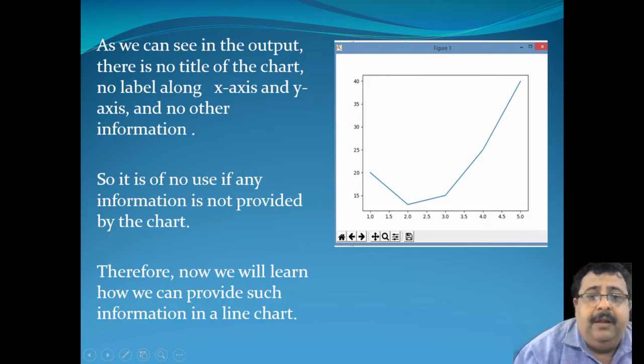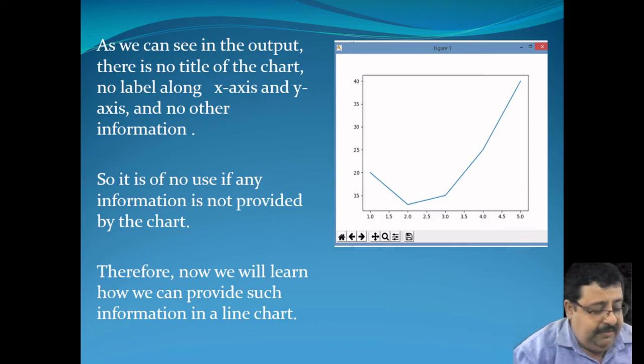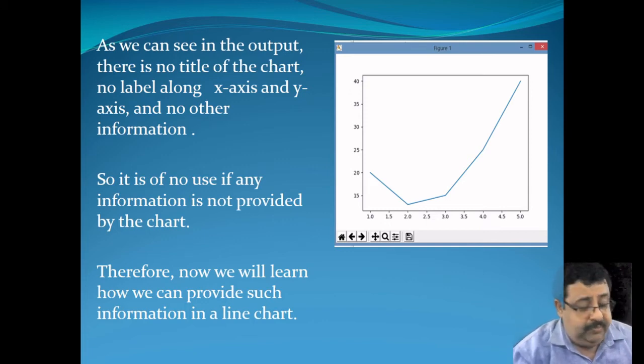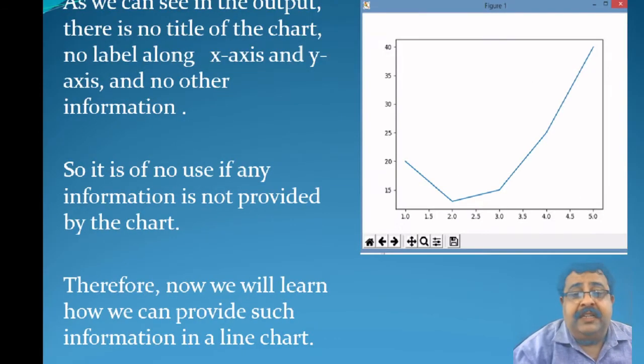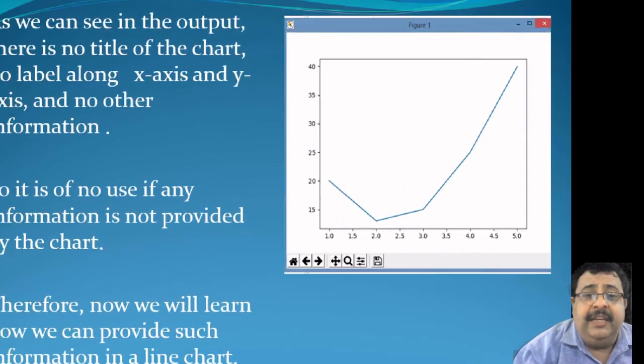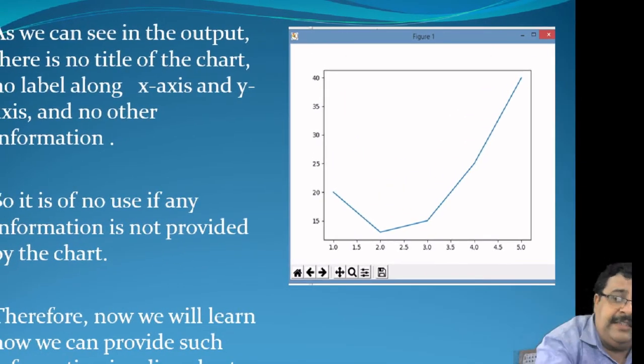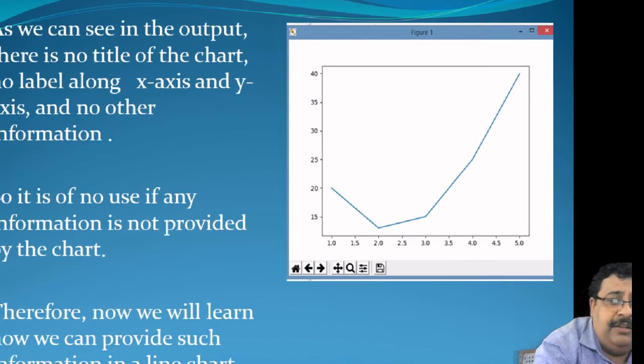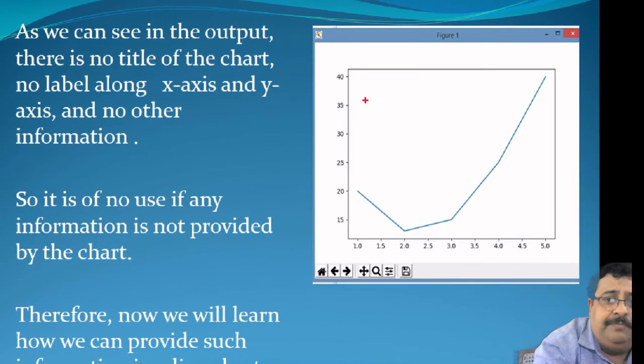But in this chart we can see there are several things missing. If somebody looks at this chart, he will not be able to make out anything. Anyways, I will just describe the anatomy of this chart. What is what in this chart?